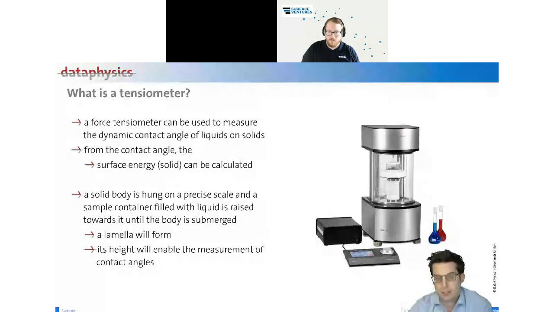So this means a tensiometer is a device not only to characterize liquids, but also solid substrates. And again, I thought this poll that we did today was super interesting because, you know, I think more than 30 people already worked with the optical contour analysis system, but not even a handful, when I checked, were working with the force tensiometer.